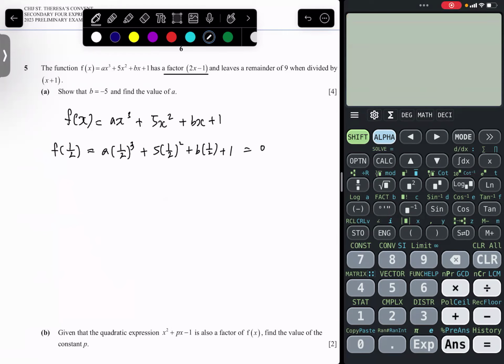So simplifying this, I would have 1/8 a plus 5/4 plus b/2 plus 1 equals 0.